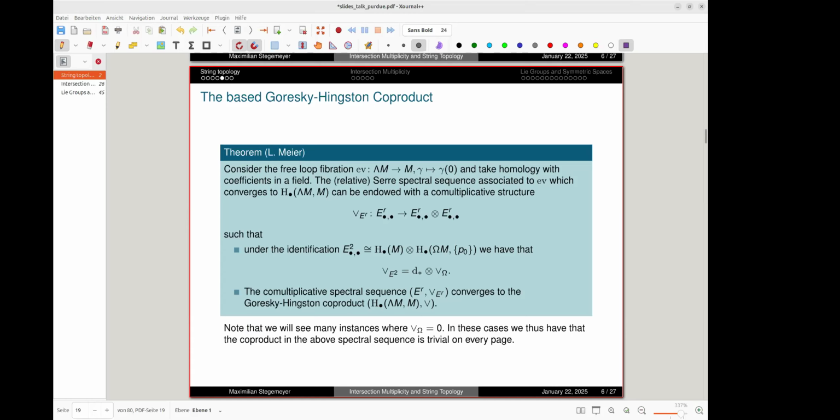Then we already have that the coproduct on the E2 page is trivial, and subsequently also on all the other pages, so this gives quite a strong restriction on what the Goresky-Hingston coproduct can do. Of course, from the triviality of the coproduct on the E infinity page, it doesn't follow that the coproduct is trivial, but in some sense, it's quite a strong restriction on what it can do.